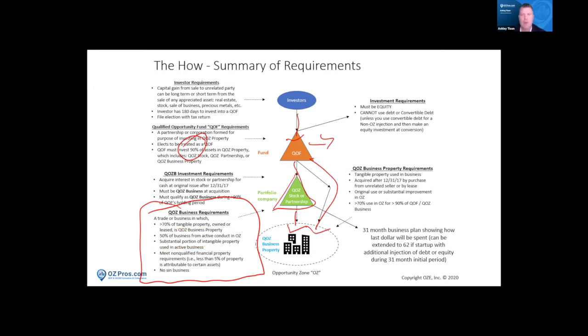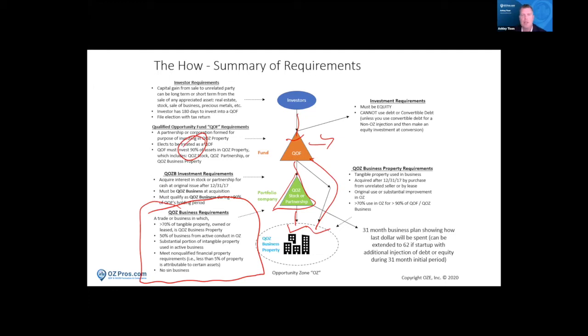That comes from a three-part test, which I'll get into later. But effectively, it's how are you paying your employees? Are 50% of your employees getting paid in the opportunity zone, or 50% of your hours worked getting done in an opportunity zone? If you can hit that requirement, which basically means you're kind of location agnostic, you could qualify as an opportunity zone business.